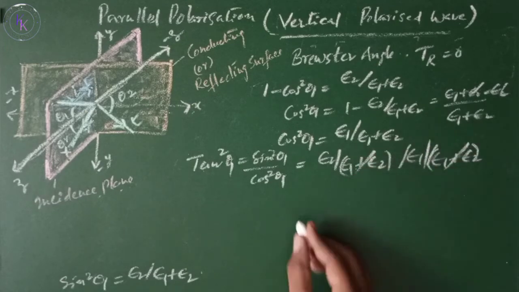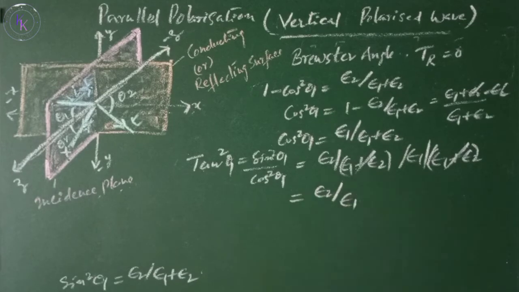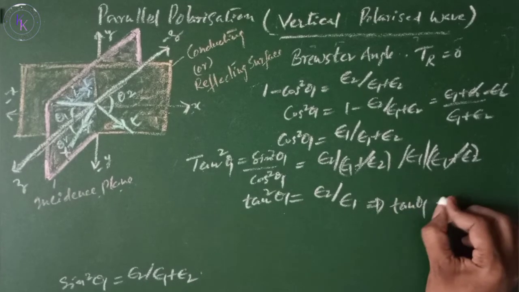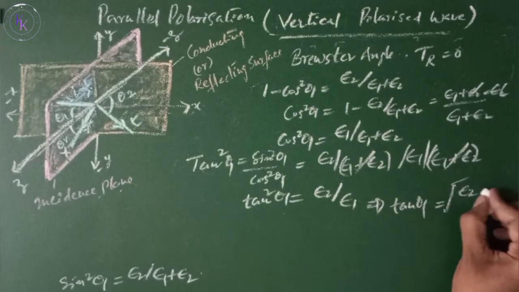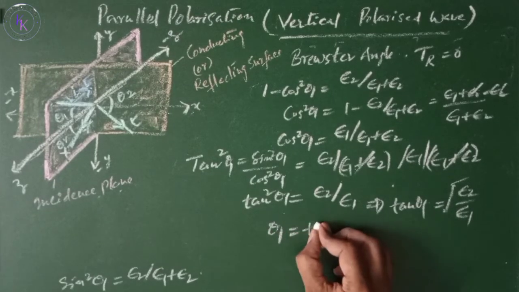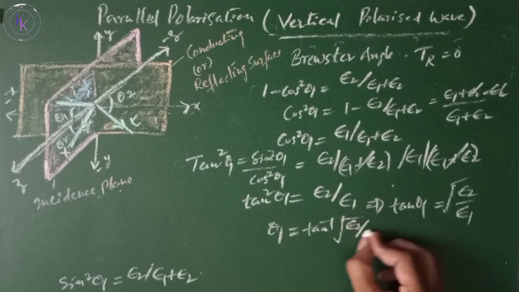Now these two terms get cancelled. You are going to get finally ε2/ε1 for tan²θ1, and from which tan θ1 equals the square root of ε2/ε1. So θ1 equals tan inverse of the square root of ε2/ε1.